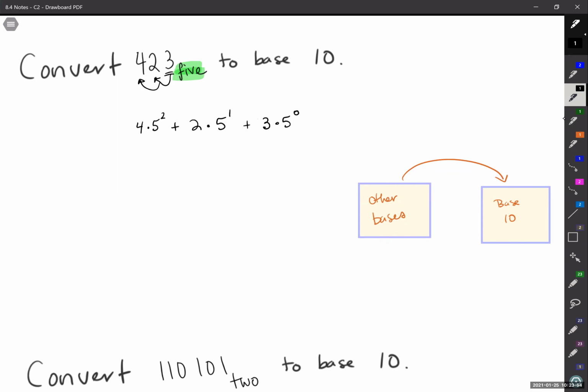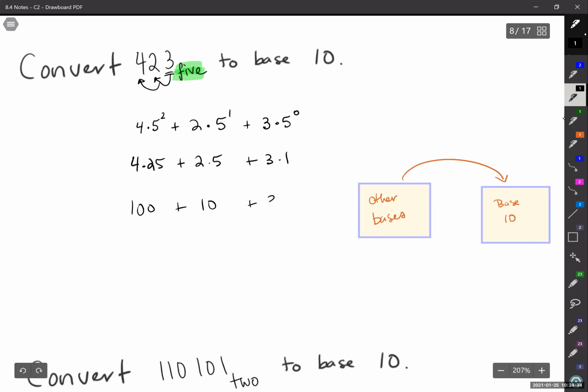Now take a moment to calculate each of those individual terms, then add them together. And I believe we would get 113.